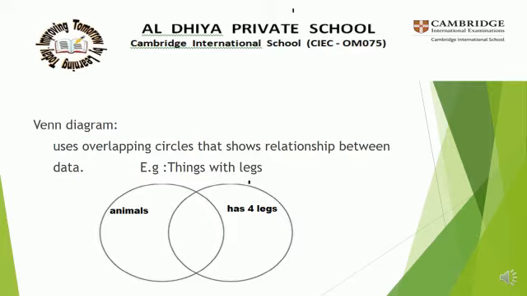Okay. Now they have given things with legs, and we know many things with legs. In the first circle they have written animals. What are all the animals you know with legs? You know many animals.